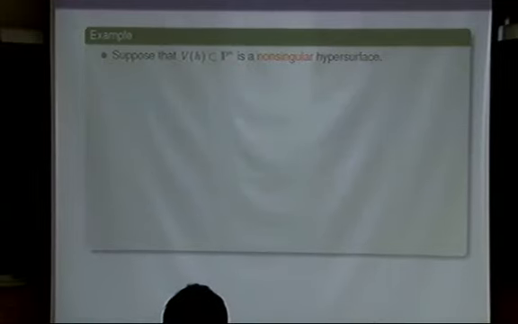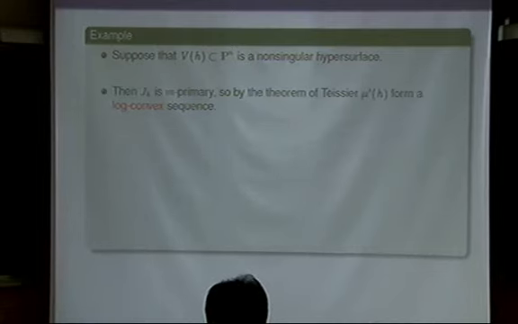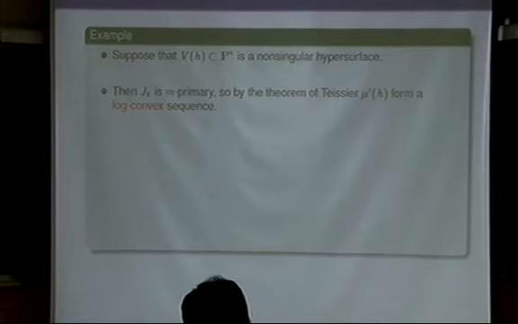So here's one more example. Suppose VH is a non-singular hypersurface. Usually we don't assume anything on the singularities, but let's just suppose that. Then the Jacobian ideal should have no zeros. So it should be M-primary, and by the theorem of Tessier, which says that if you have an M-primary ideal, then the sequence mu IH should form a log convex sequence.